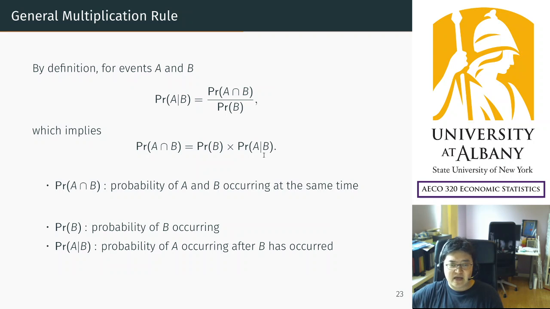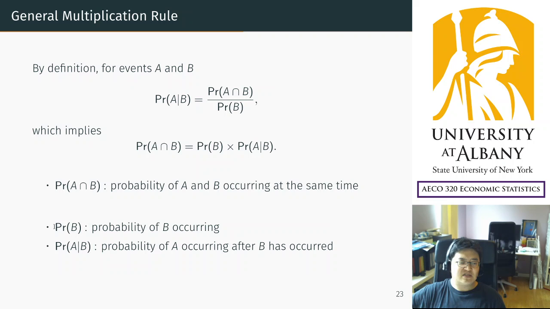But on the right hand side, its interpretation is very interesting. You can think of it as a sequential approach. So instead of checking A and B at the same time, I first check event B. So I first ask one question: are you a smoker, or are you female?